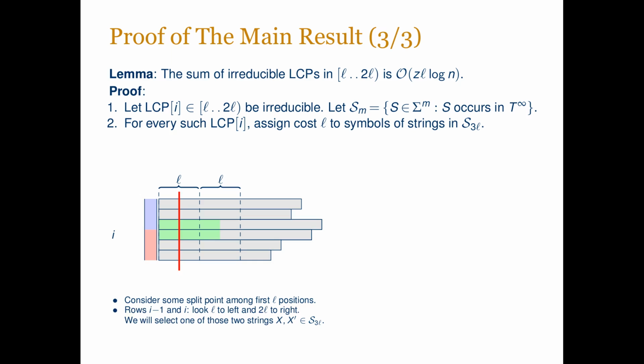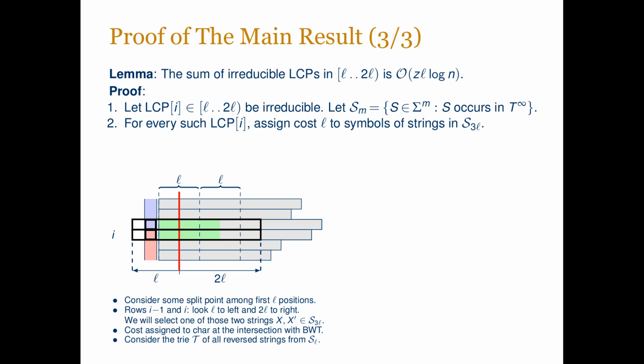Then, in rows i-1 and i, look L positions to the left and 2L positions to the right. We will select one of those substrings. Let us call them X and X prime. We assume that the missing symbols of the substrings are given by extending all suffixes both ways, as in the string T infinity. Once we select one of those strings, we have to select its position. We will always select the position that intersects the BWT column.